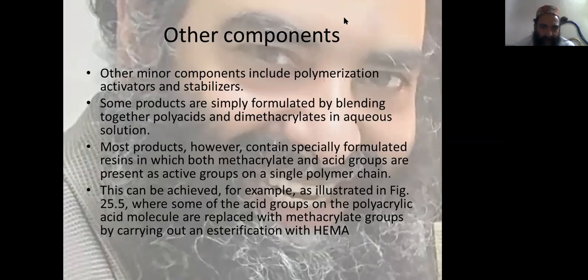Some products have a simple formulation through blending polyacids and dimethacrylate in aqueous solution. Most products have special formulations, especially for resins, where both methacrylate and acid groups are present as active groups on a single polymer chain.